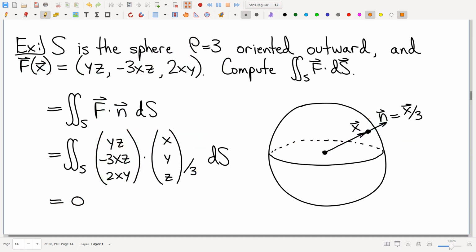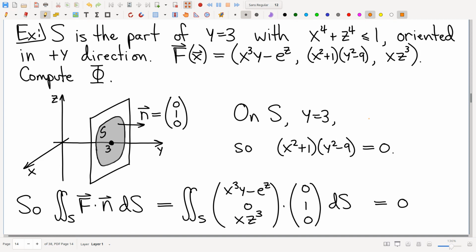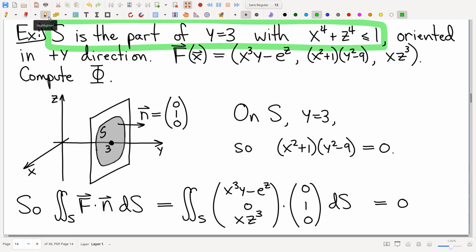All right. Now here's another example of geometric good fortune that can come your way sometimes. The surface that we're talking about here has a little bit of a scary description. You notice that there's a quartic inequality there. That's a little intimidating to look at. I'm not happy about that.